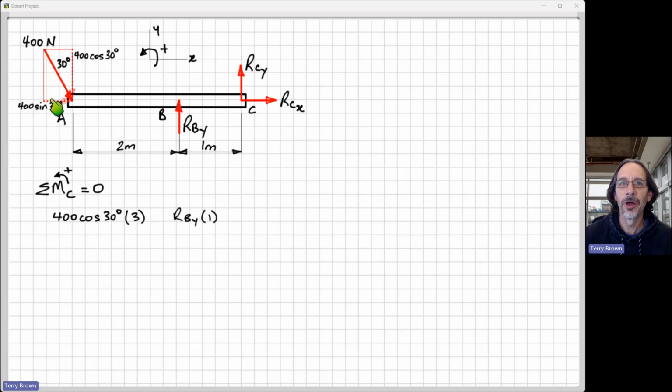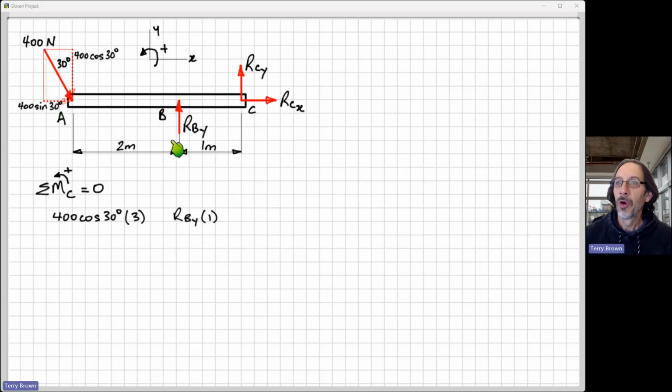Not where the force is applied, but to the line of action of the force. And the line of action of this horizontal component here at A passes through the center of the beam and passes through point C. So its perpendicular distance is 0. So we don't need to include this force component in the moment equation.